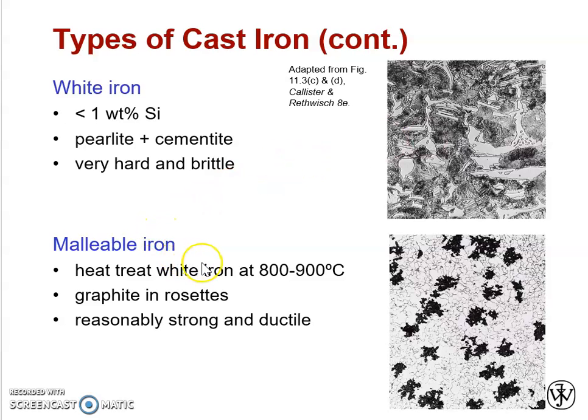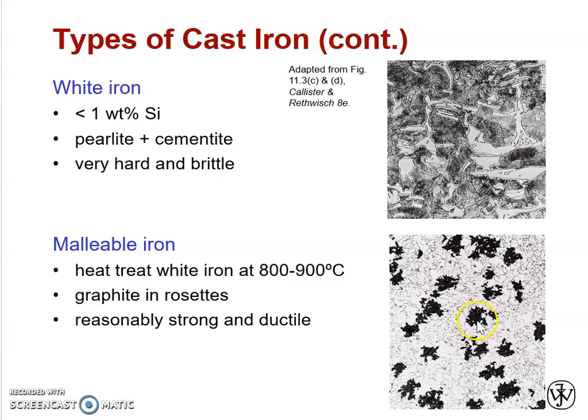And malleable iron. As the name says, it is malleable, strong and ductile. Malleable iron is made from white iron, but you heat treat it at 800 to 900, and then you will get a malleable iron.